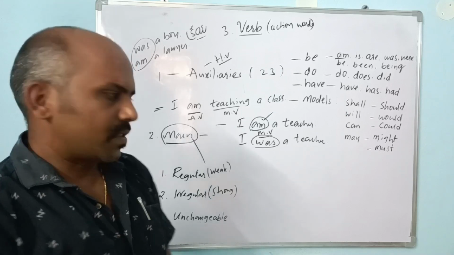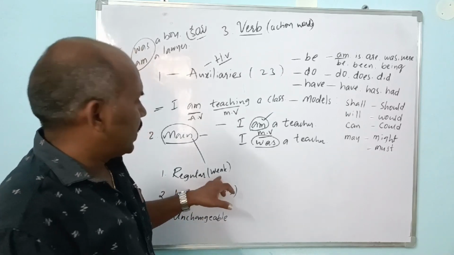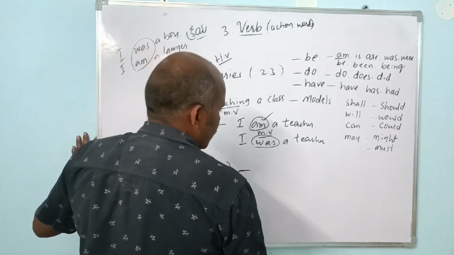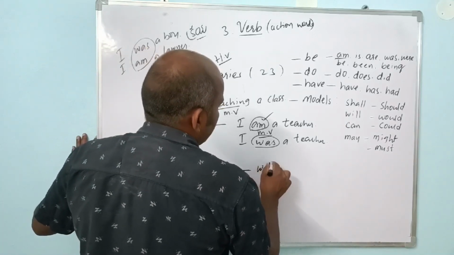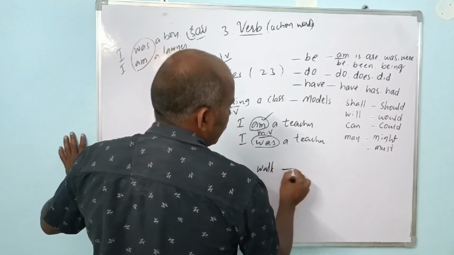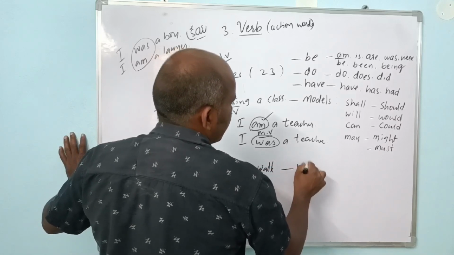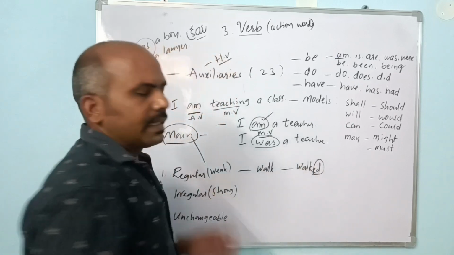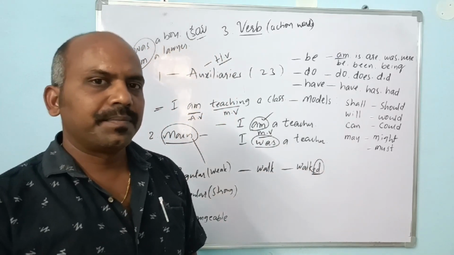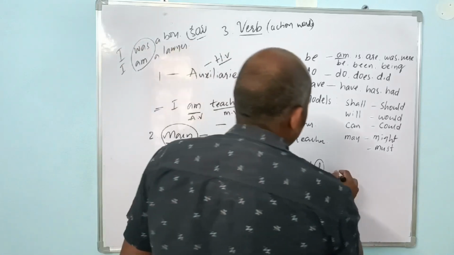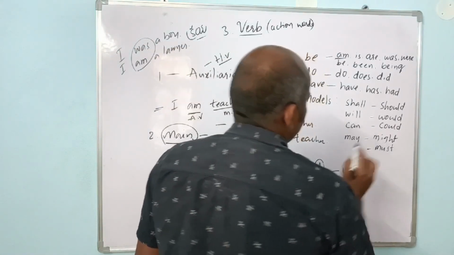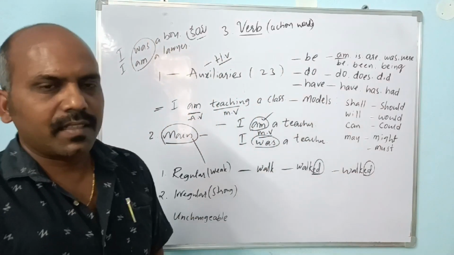So that's what is suggested. And here, regular or weak means it's easy, because with these verbs, suppose you take walk, the verb allows its past form to change very easily just by adding ed: walked. And there is one more form the same as V2: walked. It's easy, right?